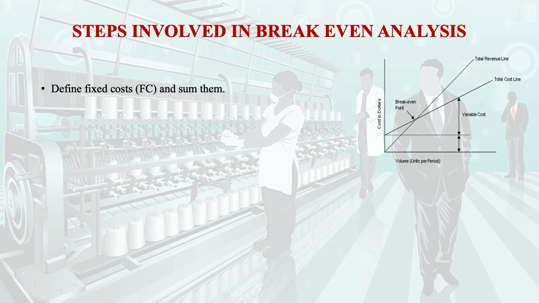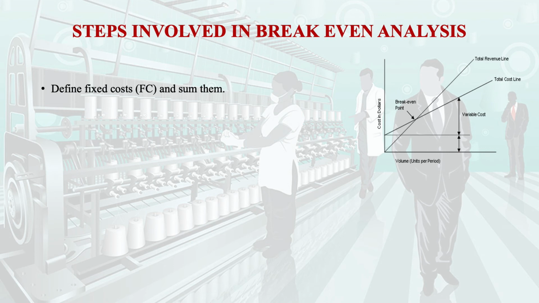If you see the line which is originating from the origin, that is the revenue line, while the line originating after a certain portion on the y-axis is associated with the manufacturing, that takes care of the fixed cost as well as the variable cost.